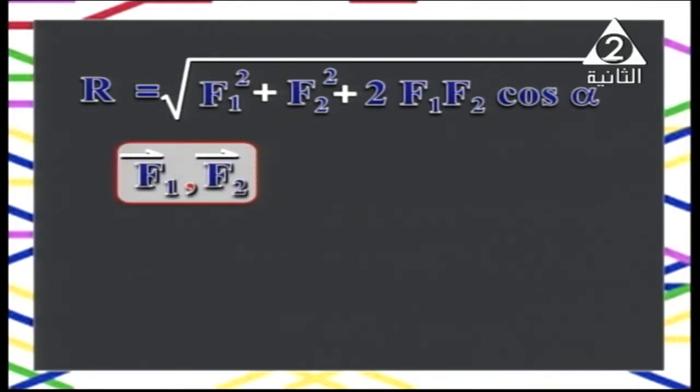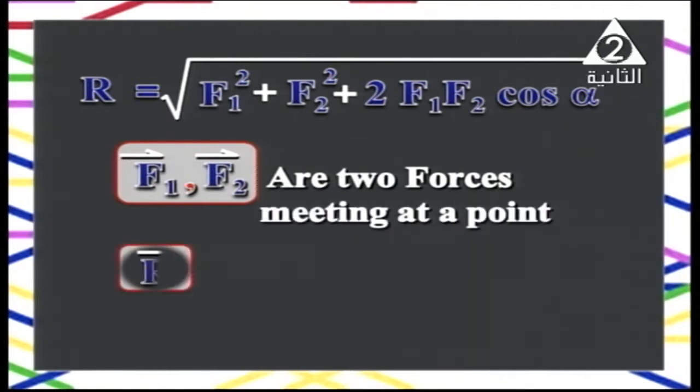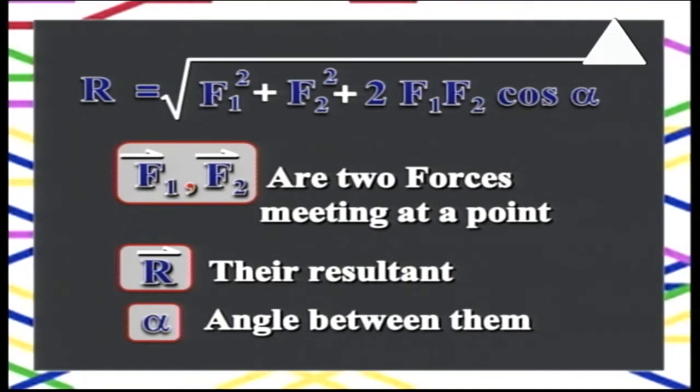F1 and F2 are two forces meeting at a point. R is their resultant. What is alpha? The angle between them.